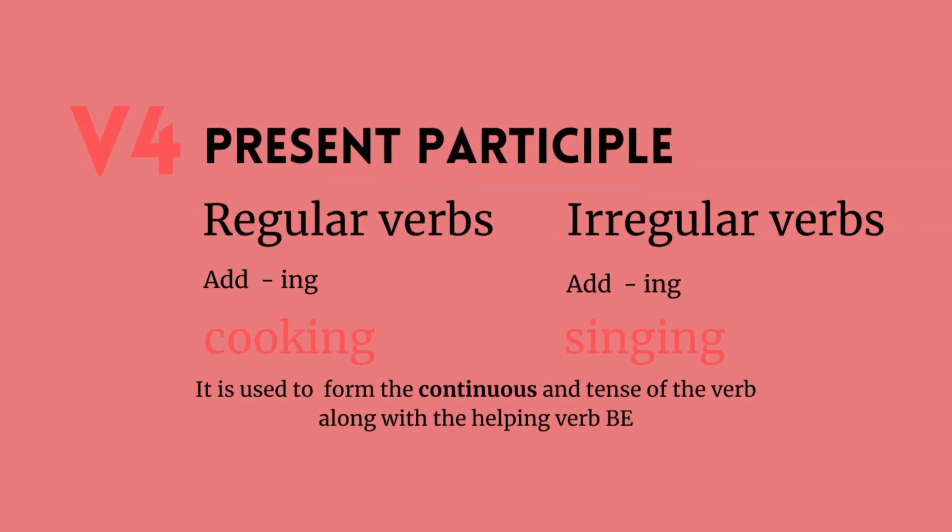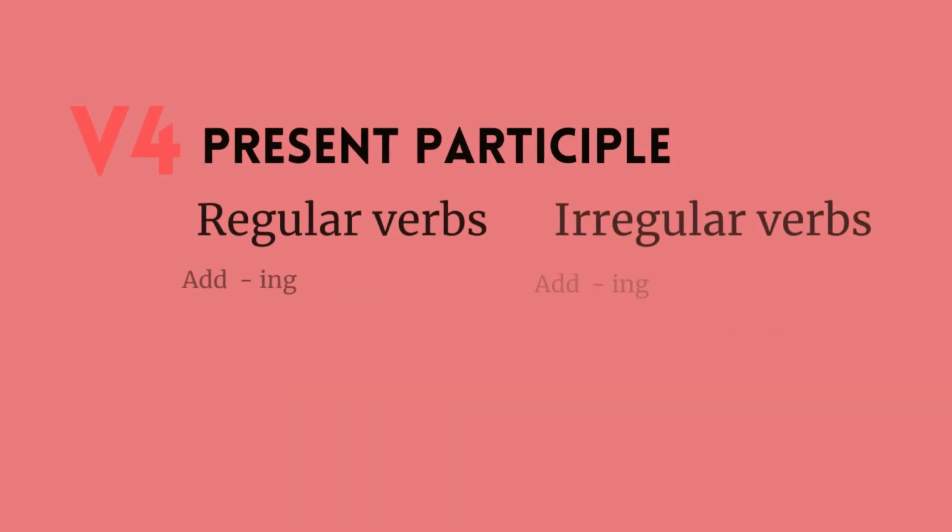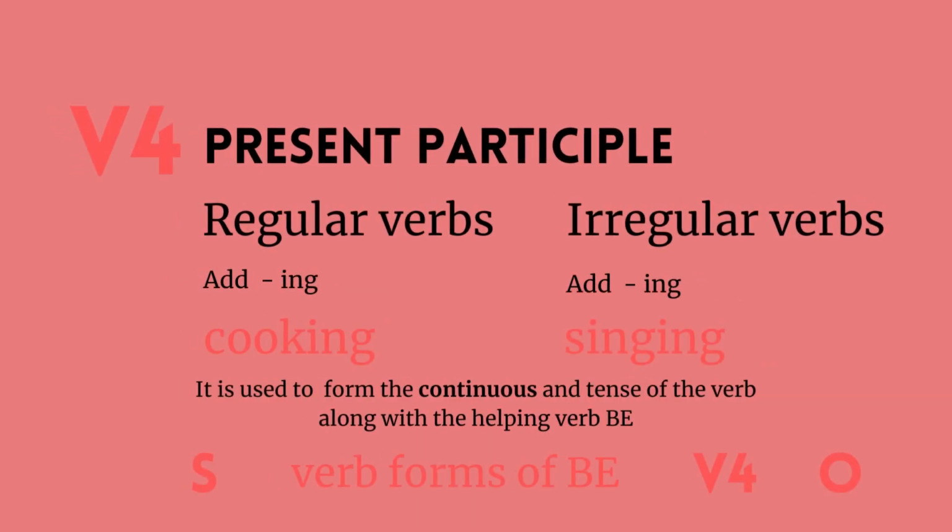V4 or the present participle is used to form the continuous tense along with the helping verb be. Again, all the three continuous tenses, that is the past continuous, the present continuous as well as the future continuous, are formed by the present participle form.